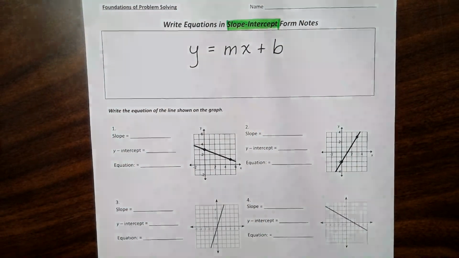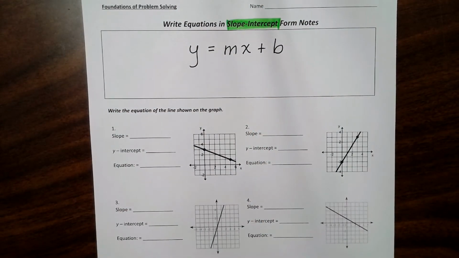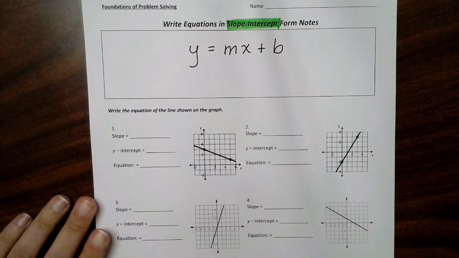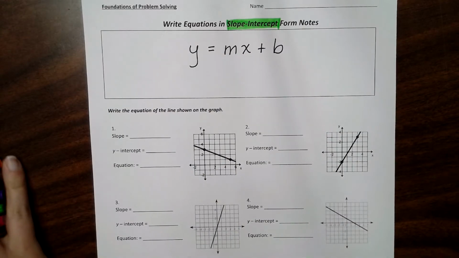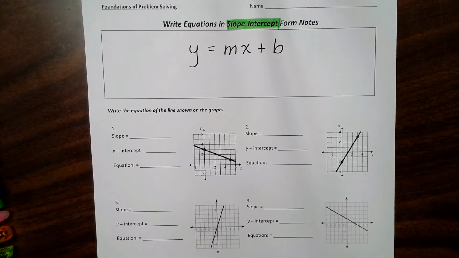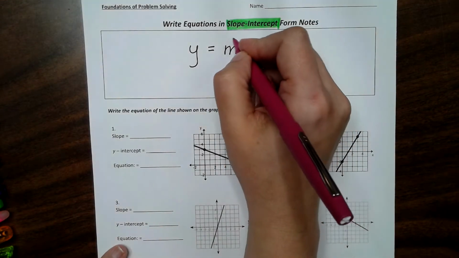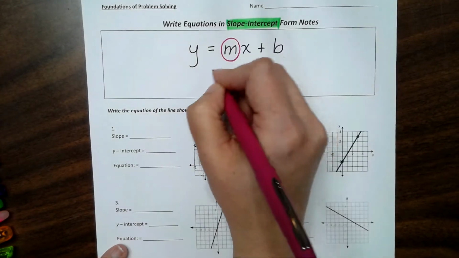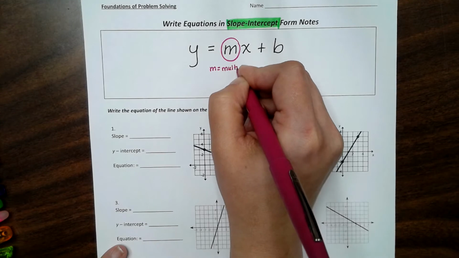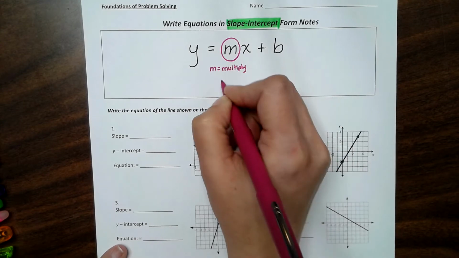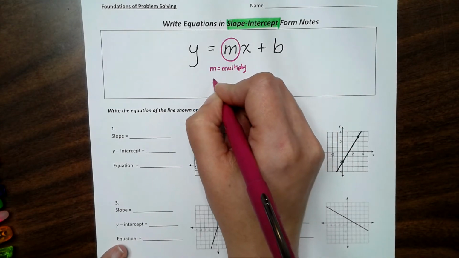Now, the reason that we call this the slope-intercept form of the equation of a line is that when we find the key information in this equation, we're going to be finding the slope and the y-intercept. The letter m in this equation, which stands for the word multiply, is always going to tell us the slope.